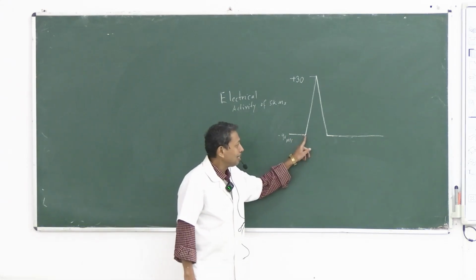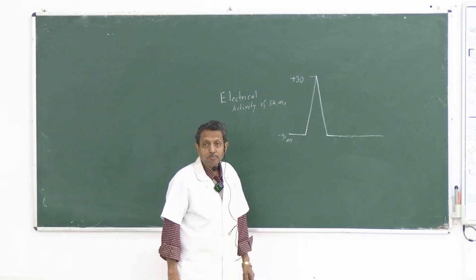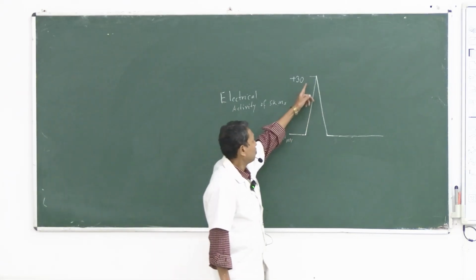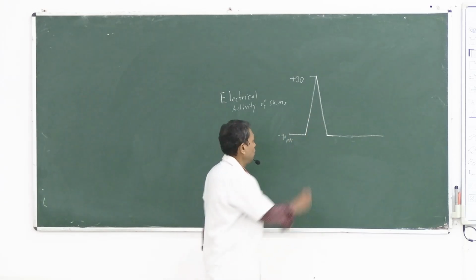This basal state is the resting membrane potential, minus 90 millivolt, and the action potential spike reaches up to plus 30 millivolt.